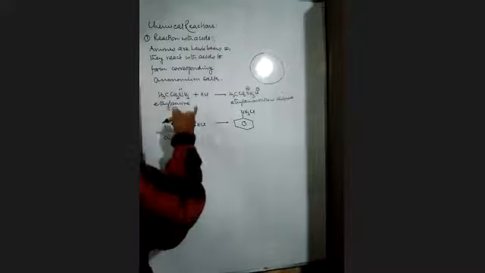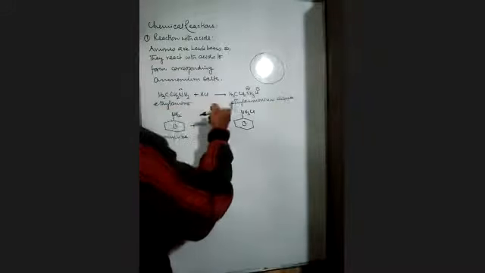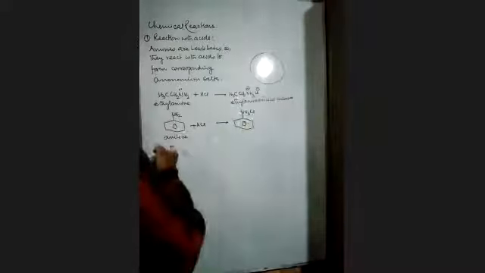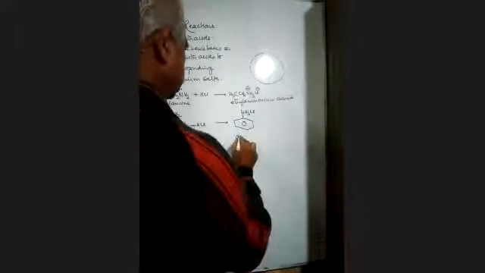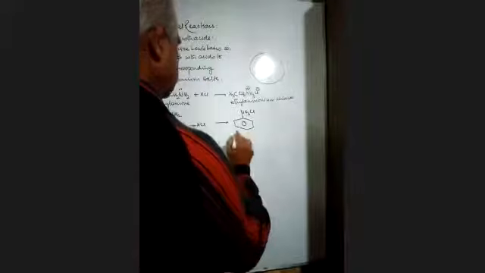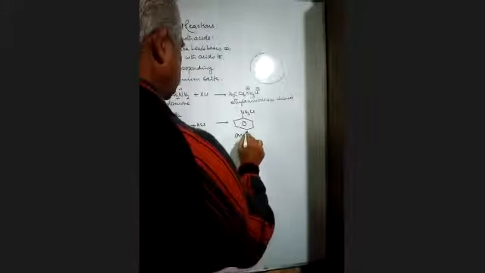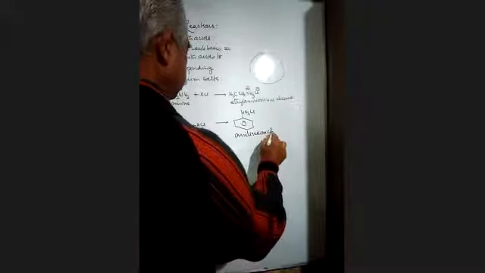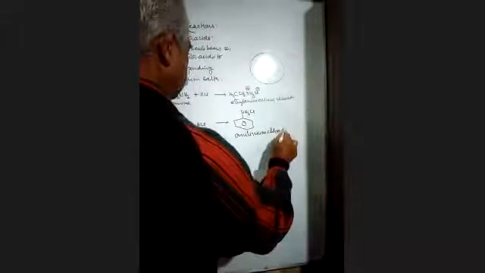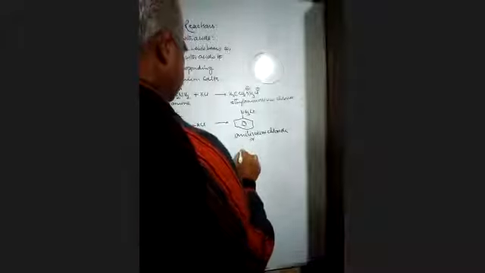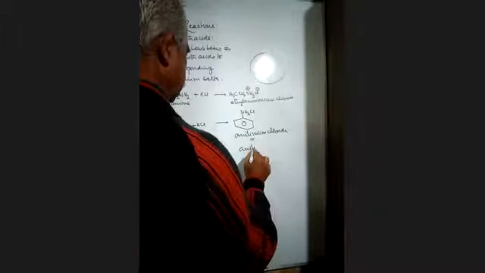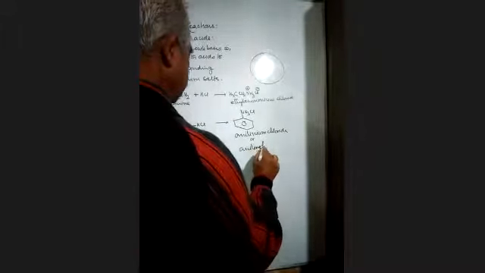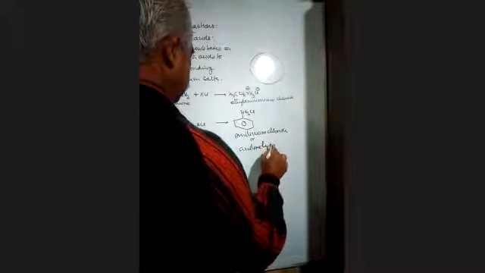See, here we call it ethyl ammonium. So what we are going to call it? Aniline chloride, or we can call it aniline hydrochloride.